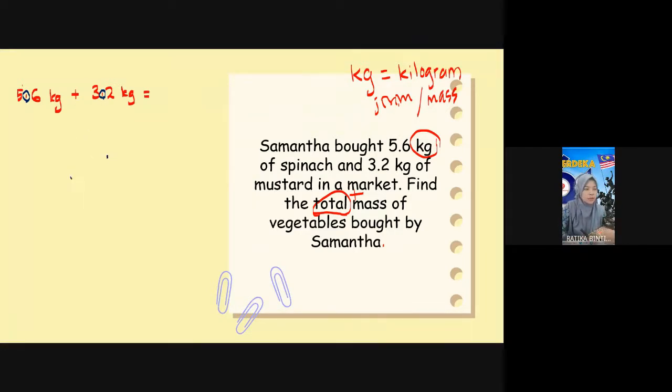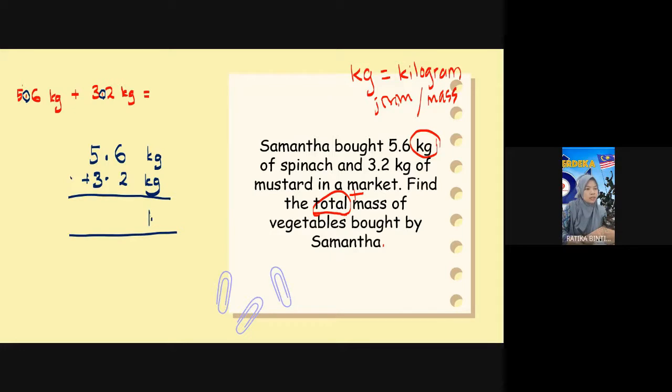There is nothing wrong if you write the decimal point first here. Once you have written down the decimal point in one straight line, then write the numbers. So, 5.6 kilogram, 3.2 kilogram. Then you add as usual.